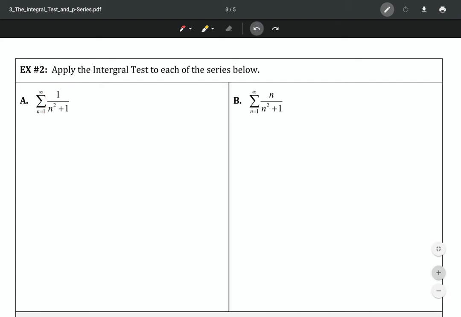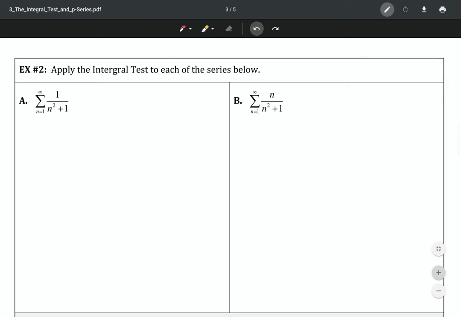Now that I've determined that I can use the integral test, I'm going to go ahead and change this to an integral. And I'm just going to say that n is now going to be x, and then I'm going to try to integrate this.